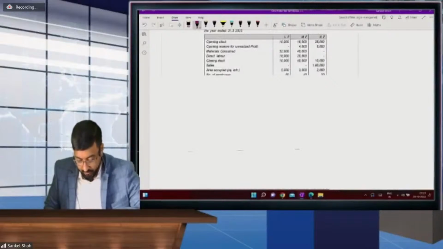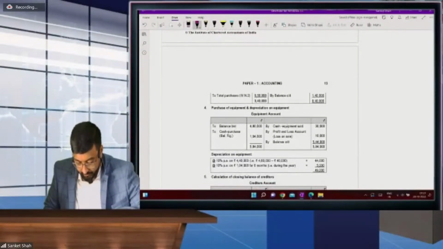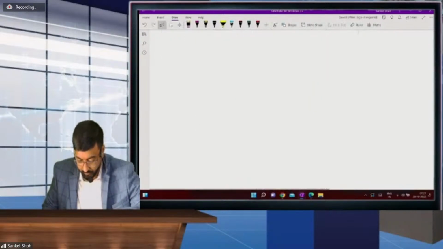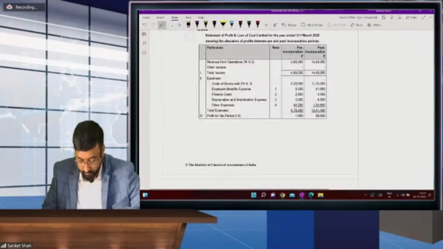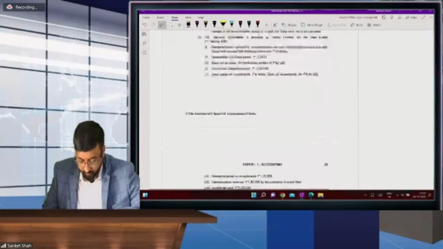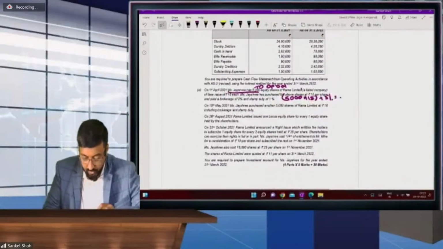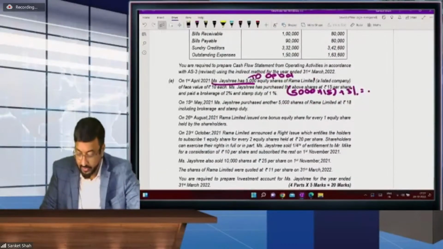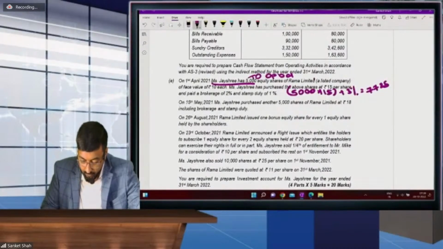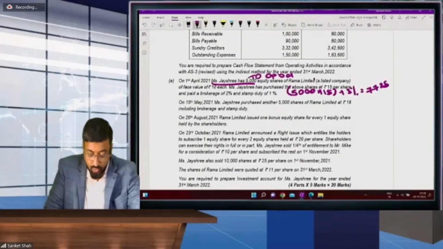Okay. So total is 77,250. On 15th May, so this is the first transaction.